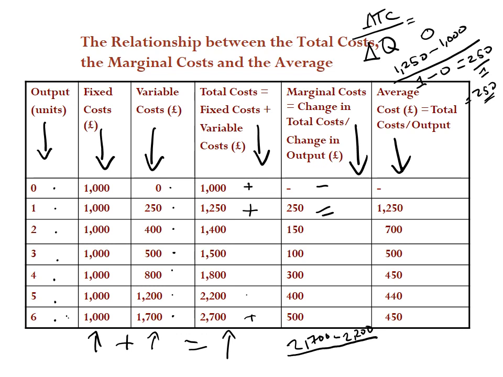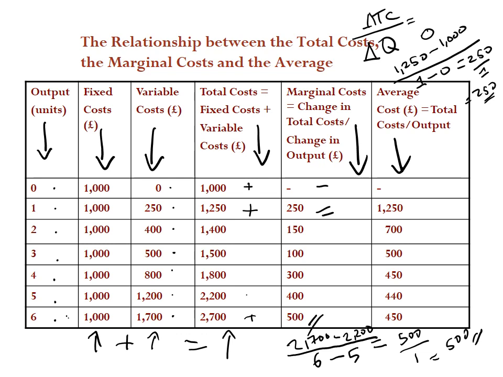Our new output is 6 minus our old output was 5, and there we go. So 27 minus 22, that's 500 over 1, and that will give us 500 over here. So our marginal cost in that instance is 500. That's how you calculate your marginal cost.